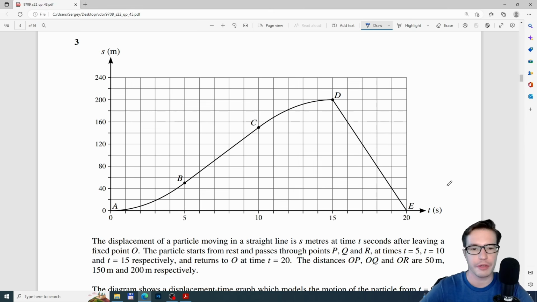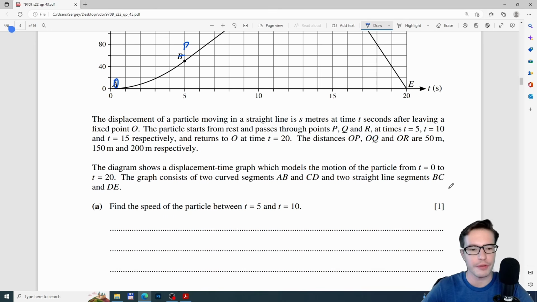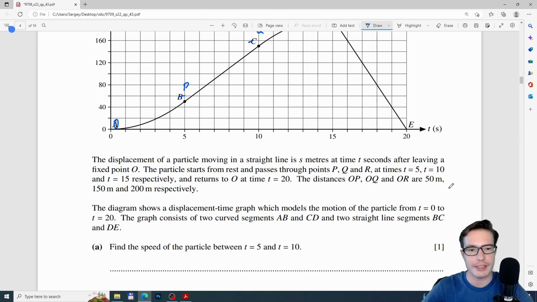Alright, next question is about the graph, and a particle passes points P, Q, and R at times 5, 10, and 15. So instead of calling it A, B, C, and D, I'll just call it O, P, Q, and R. Okay, so first we have to find the speed of the particle between t equals 5 and 10.